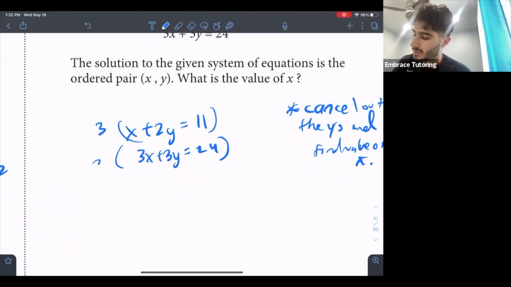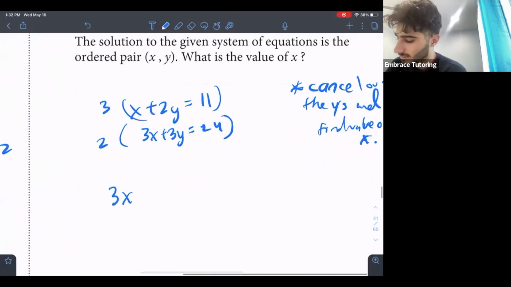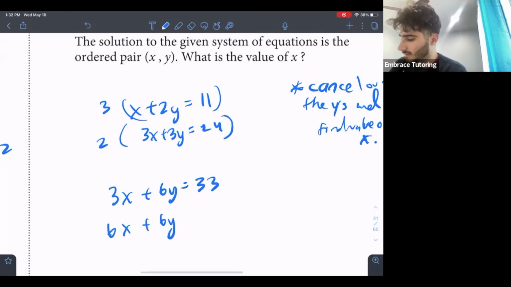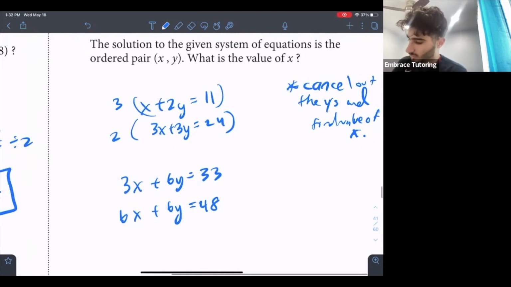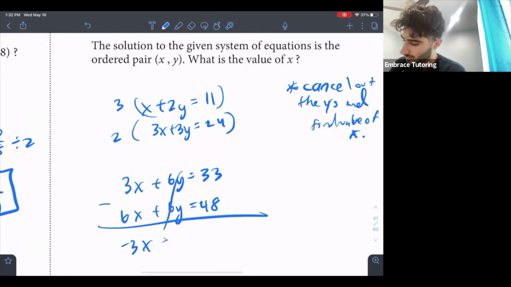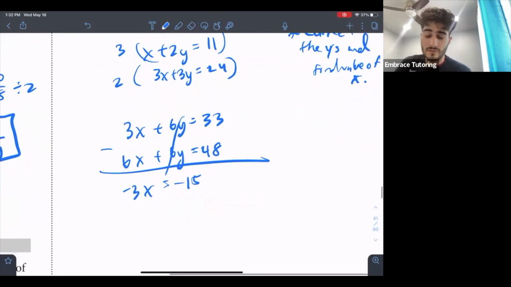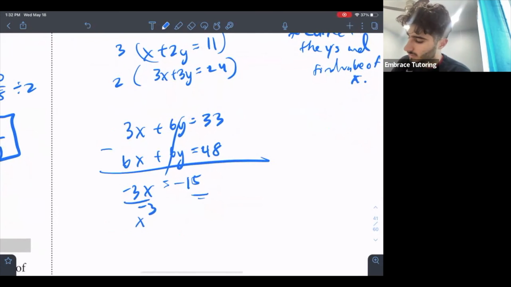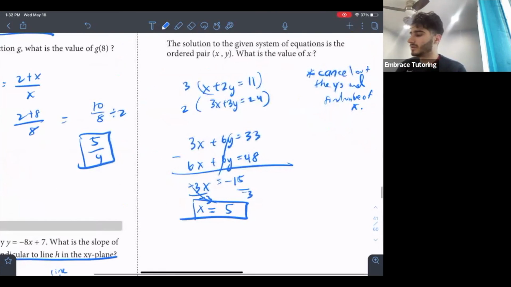You can multiply the top by 3 and the bottom by 2 to get 3x plus 6y is equal to 33, and then 6x plus 6y is equal to 48. Then you could subtract the equations to get negative 3x is equal to negative 15. To find the value of x, divide by negative 3 on both sides. You get x is equal to 5. And that's how you can solve the equation right there.